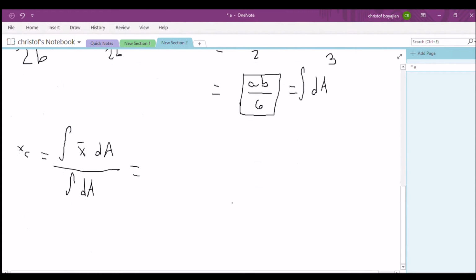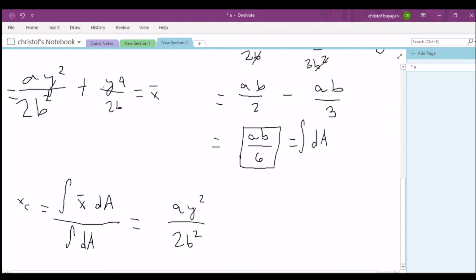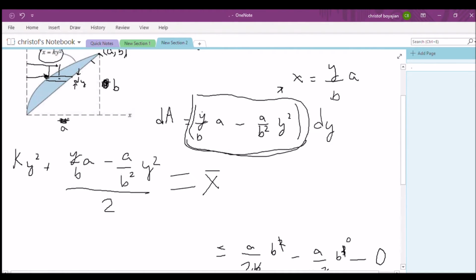So it's ay squared over 2b squared plus ya over 2b. Now this is the integral from what again? 0 to b, because we're going to do it with respect to y, and you're going to see in a minute, times our dA, and we said our dA is this.